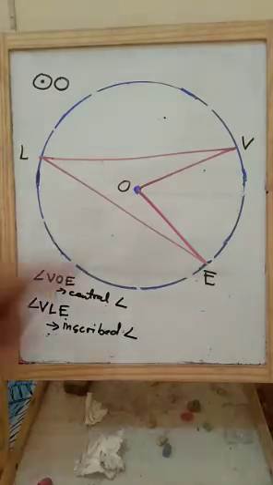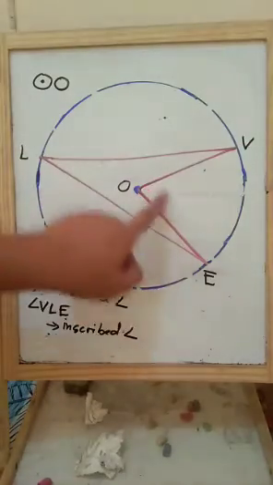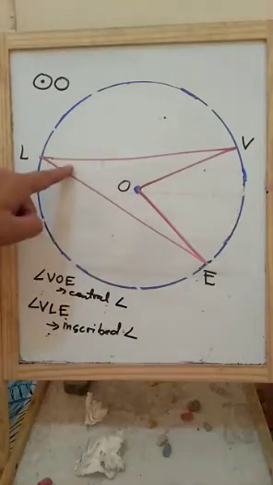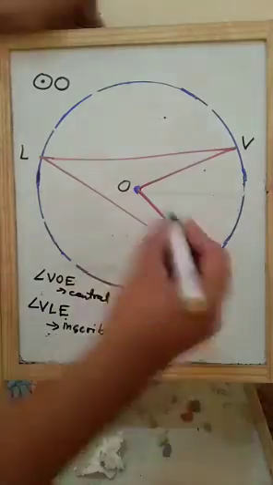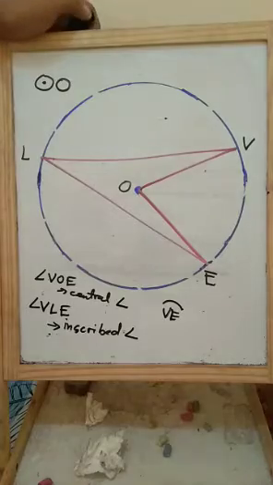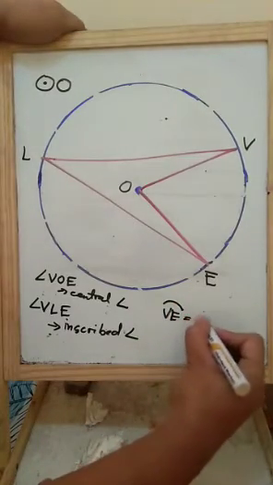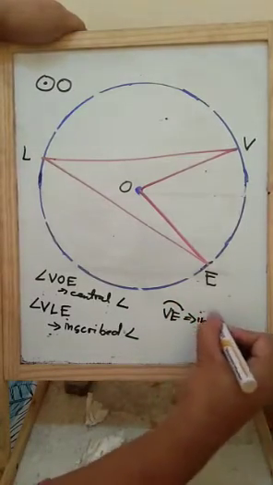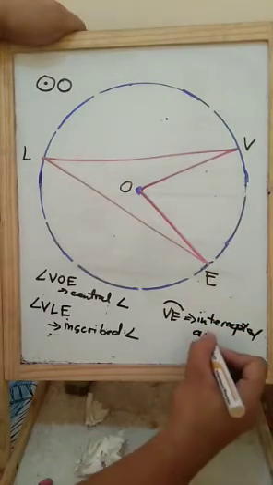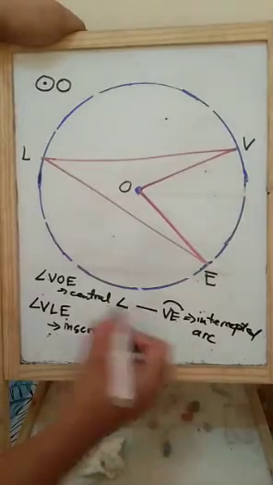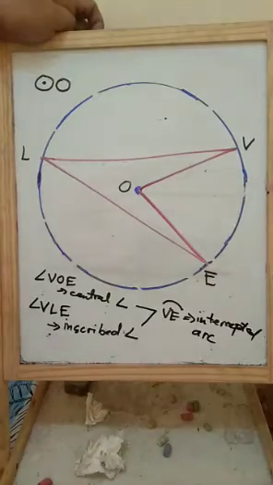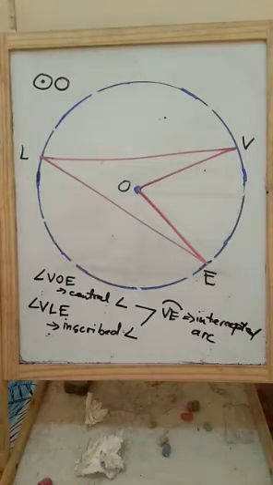Yan. So, angle VOE is central, VLE is inscribed. And still, arc VE here is your intercepted arc, both for the central angle VOE and for your inscribed angle VLE.